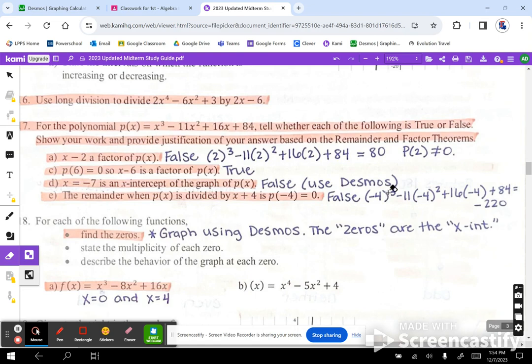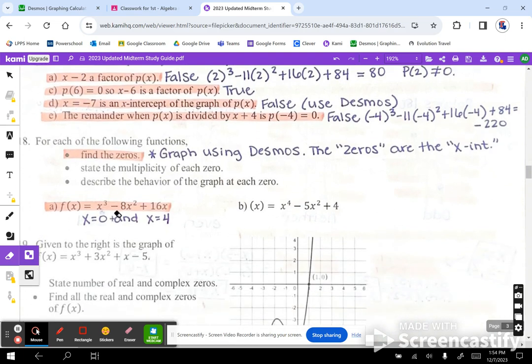So negative 4 cubed minus 11 times negative 4 squared plus 16 times negative 4 plus 84. I just substitute in negative 4 for x, the opposite of what you see. And I get negative 220. Well, that's false because when I substitute in negative 4, I do not get 0. The remainder is negative 220, not 0. Okay, so that is also false.